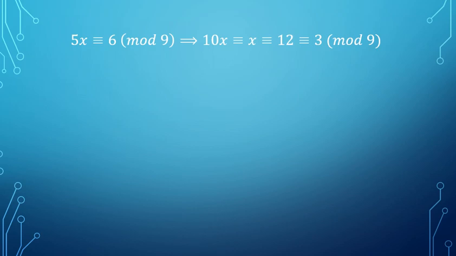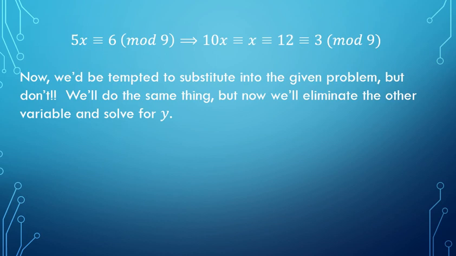Now I need to find my y value. And this is where things differ just a little bit. When you would typically hit this point in solving a system of linear equations, you'd be tempted to substitute your x value back in, and that would be valid.